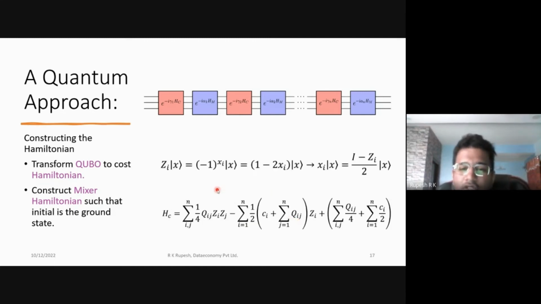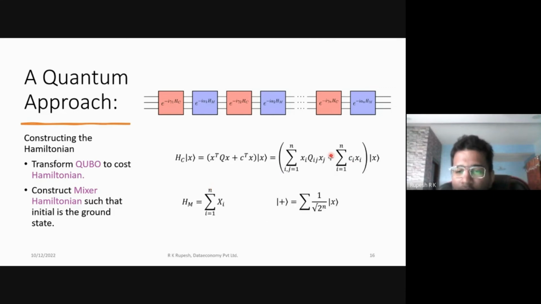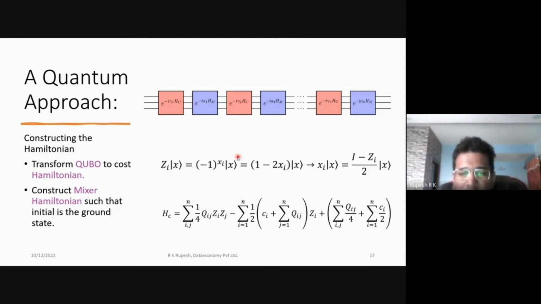Right. So how do we go from this x_j, x_i from our cost function to something that is quantum representable? We use the fact of the eigenvalues of the Z gate, or the Z basis, which is the basis that we perform measurements on. So when Z acts on a particular single qubit state, it gives you this value.